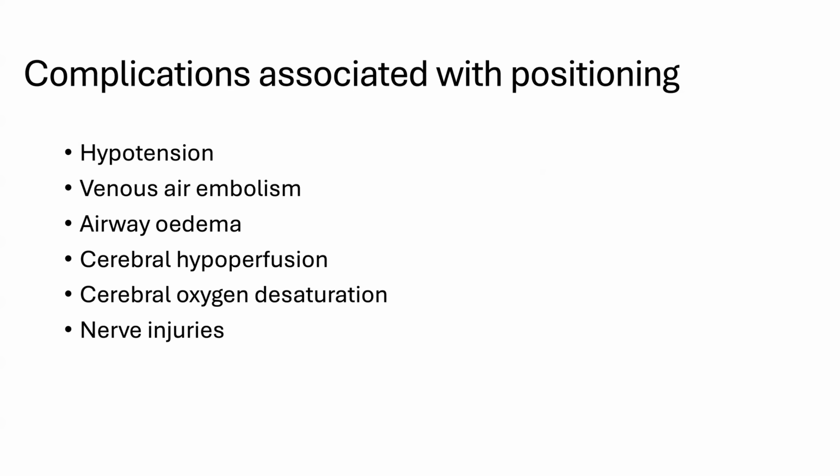Venous air embolism can occur, but is not as common as if the patient was having neurosurgery in the sitting position, like for posterior fossa surgery. The risk of venous embolism is much higher there than for shoulder surgery, but it can occur, and one needs to be vigilant during surgery and watch out for that.